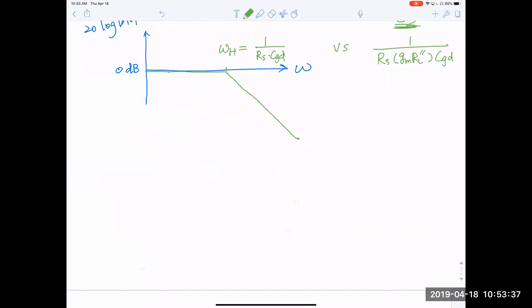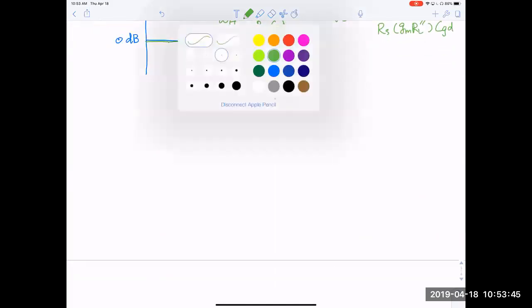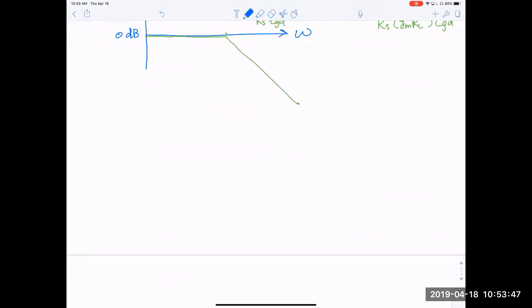For a few minutes here, I'm going to introduce the concept, and maybe we'll reinforce it next time. How do we do quick analysis? If you watch the video of the last lecture, there's a short circuit time constant method, which we use to estimate the frequency on the low side. What about the high cutoff frequency?